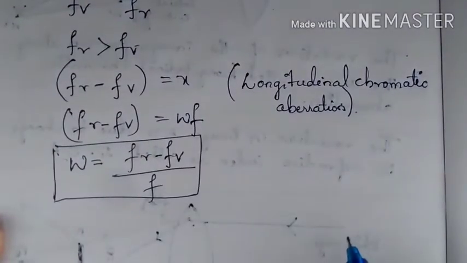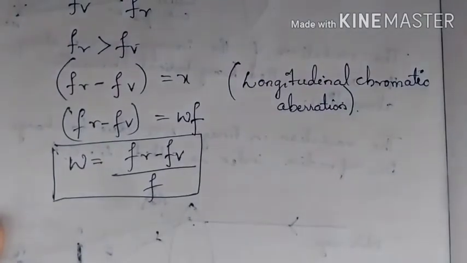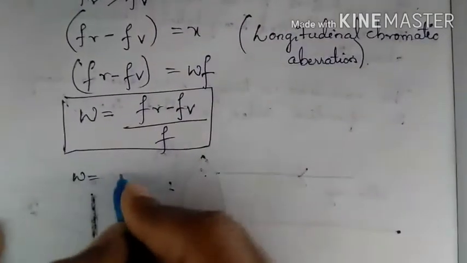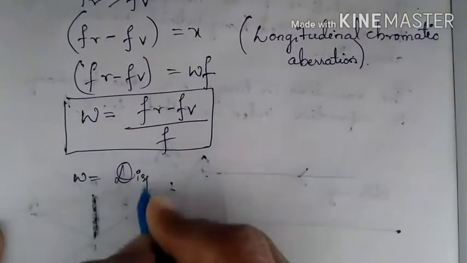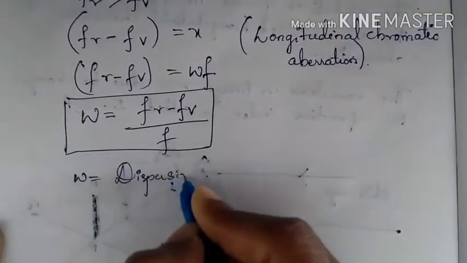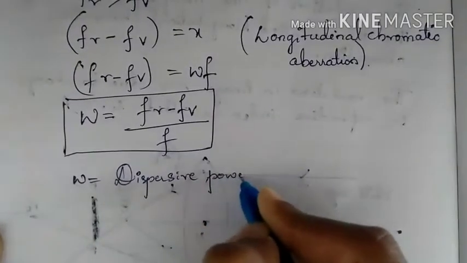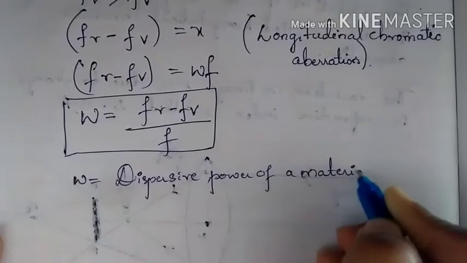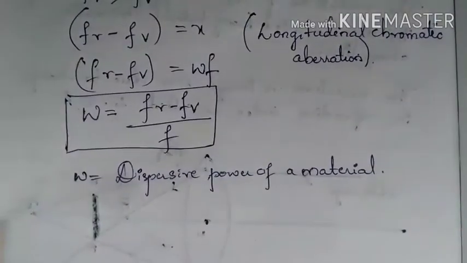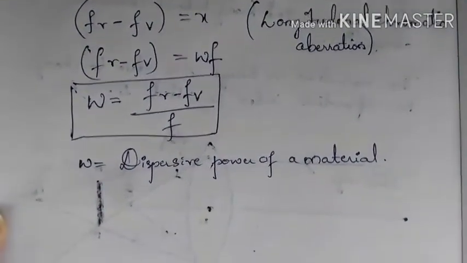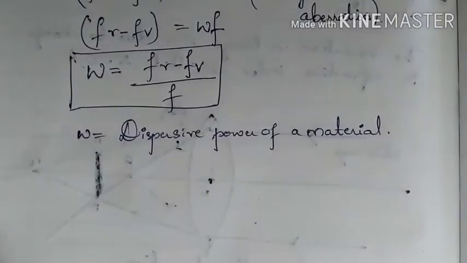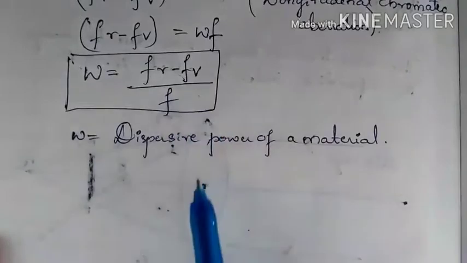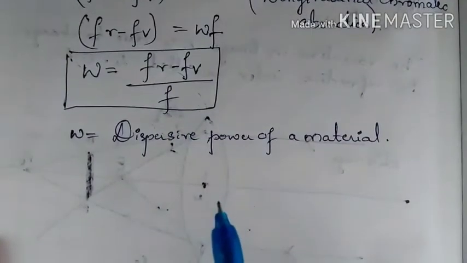So what is omega then? Omega is the dispersive power of a material. Omega is equal to FR minus FV divided by F. Here F is the focal length of a lens for the mean ray.